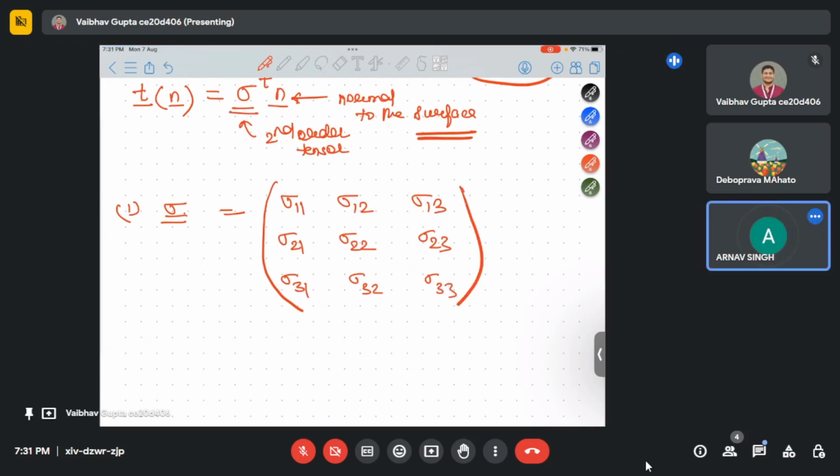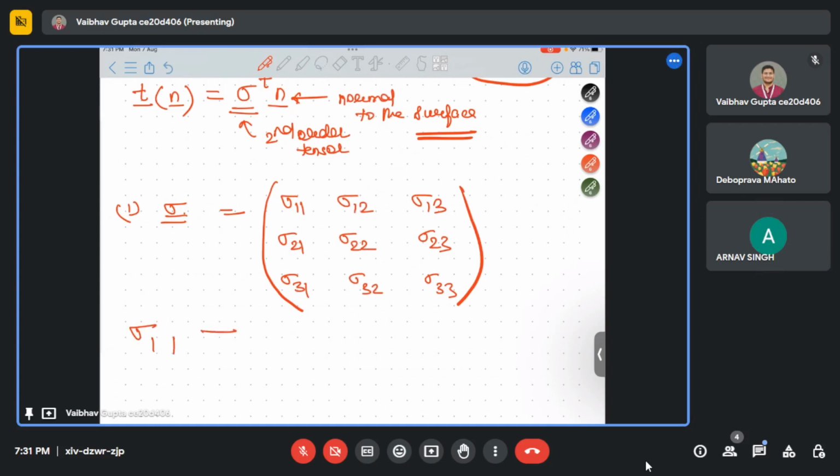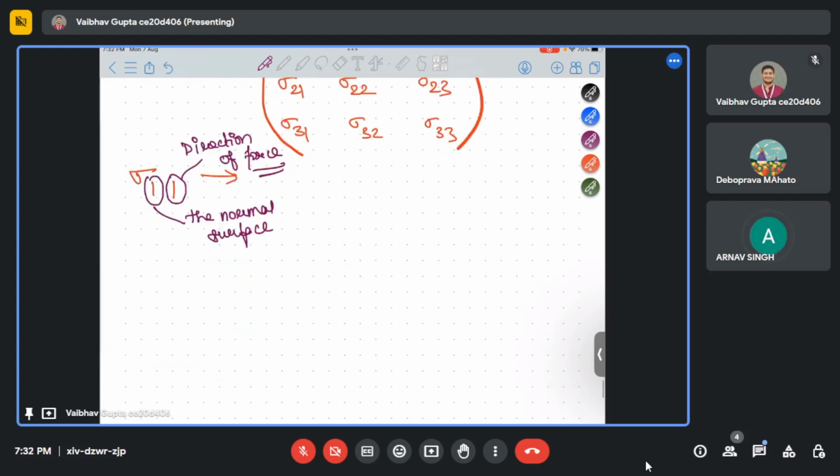So what does sigma 11 mean? The first index denotes the normal to the surface, and the second index denotes the direction of force. I'll tell you with the cube example.